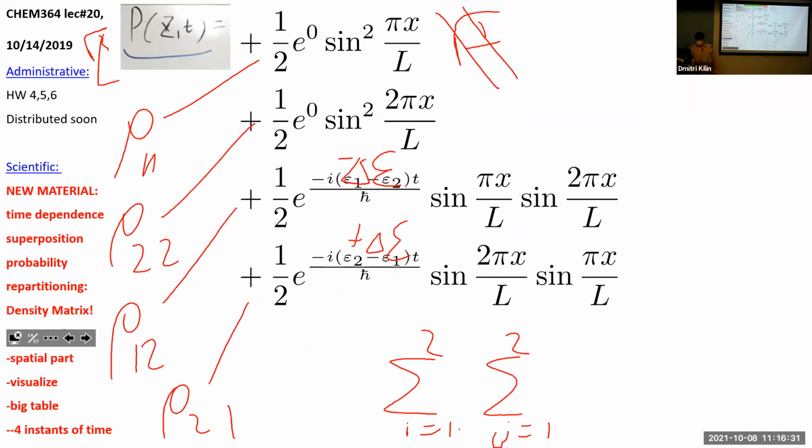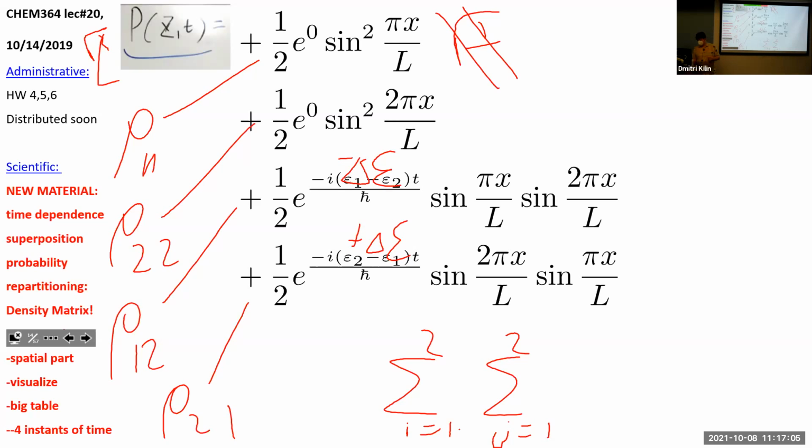Okay, so when we plugged in expressions for energy and for spatial parts, we got that when we open this summation, there is a term with a square of the spatial half period, square of the full period sine, and then there are cross terms that may change their sign.